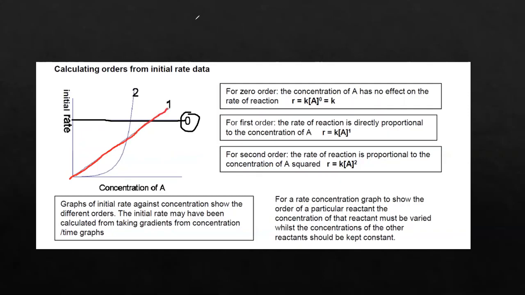And if it is a second order reaction, double the concentration means 4 times the rate, triple the concentration, 9 times the rate, but if concentration is multiplied by 5, the rate will increase by 25. So we'll observe a drastic change in the rate or the speed of reaction as the concentration is increased. So this is a concentration and rate graph.